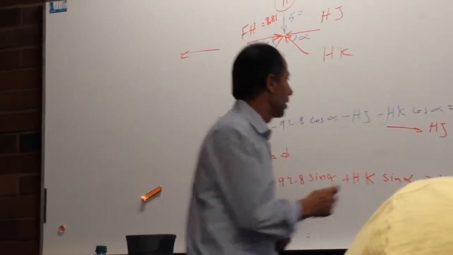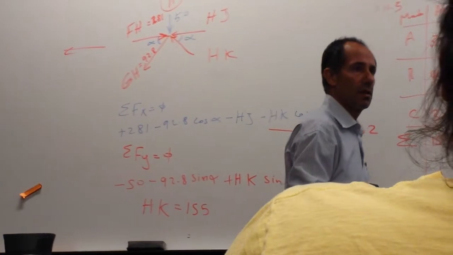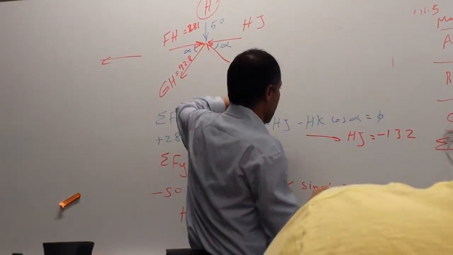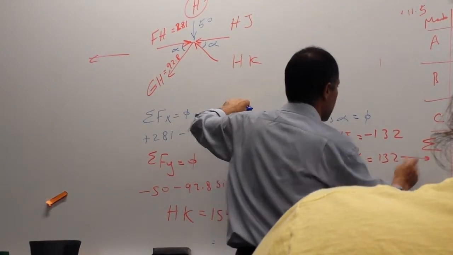Negative 132. Which means HJ is 132 in this direction. Is this what the question asked? HJ, HK, what we solved in here. HJ and HK. Correct?